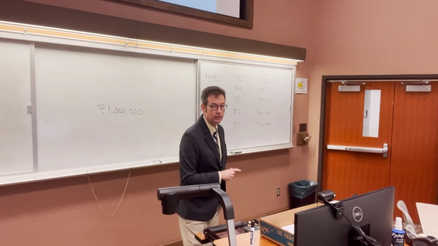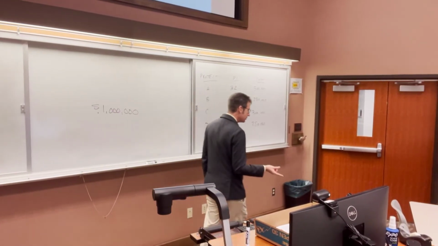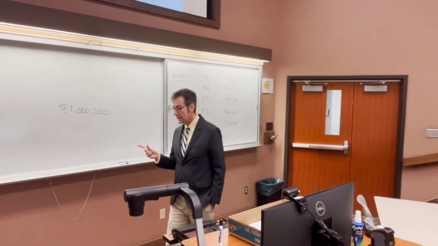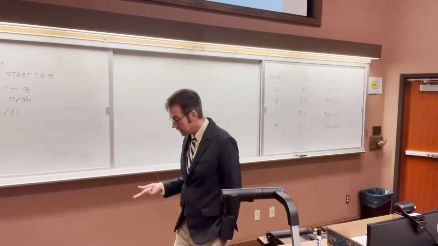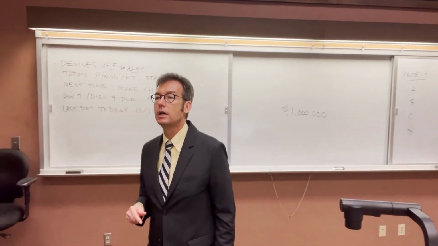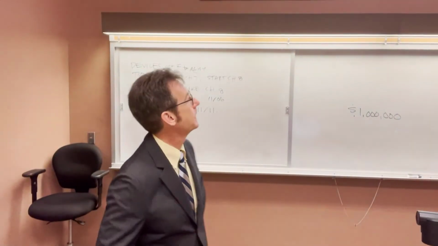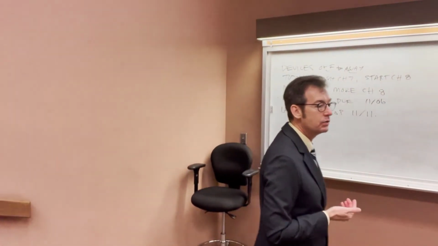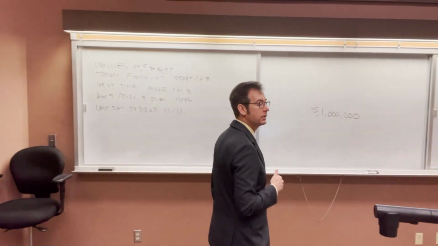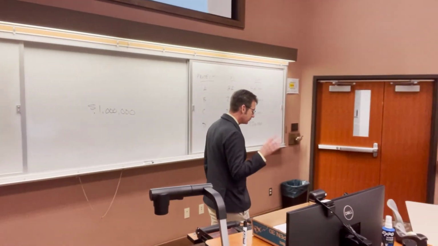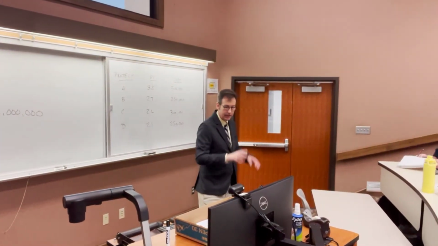Okay. Now, let's look at what goes on in the real world. It turns out that some finance professors got together and they sent out surveys to the top financial thinker at all sorts of different companies. And they broke these into large firms and small firms. Now, don't ask me to tell you what a large firm is and what a small firm is, but we're talking about differences in size.